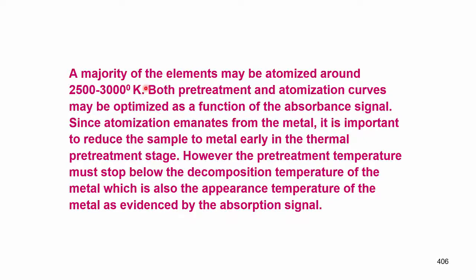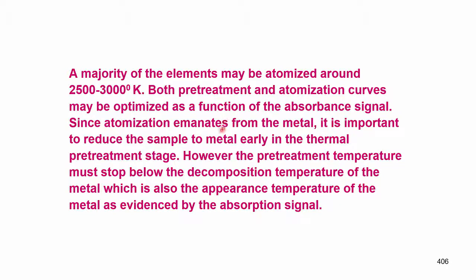Whenever we talk of 2500 or higher range, we talk of Kelvin. So, both pre-treatment and atomization curves may be optimized as a function of the absorbance signal. So, what we have been saying is, pre-treatment curve and atomization curve we can optimize to get the maximum signal.